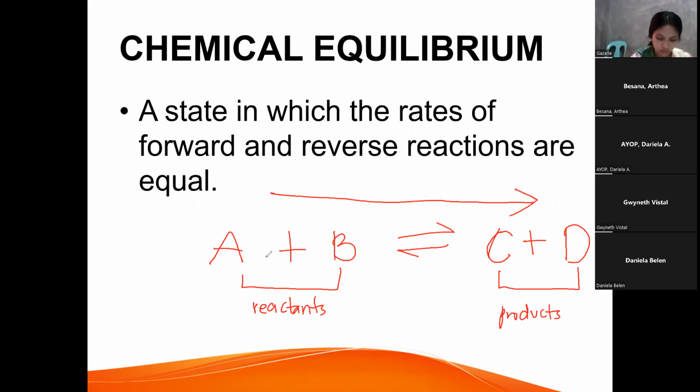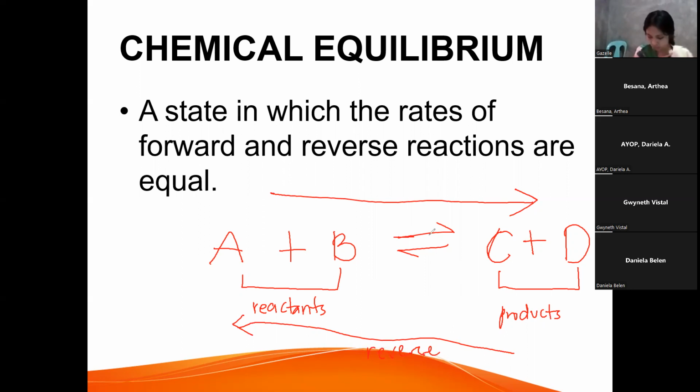Meaning, we have the so-called forward reaction. It is where the reactants react with each other to form the compounds. Pero pwede din natin siyang i-reverse na yung products will become the reactants. Okay, again, the products will become the reactants to form the product here. Supposedly, this is the original reactant, but they will become products in the reverse reaction.